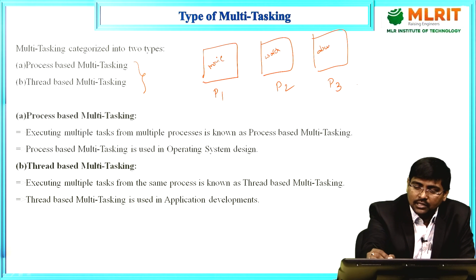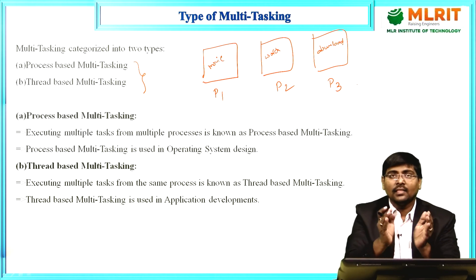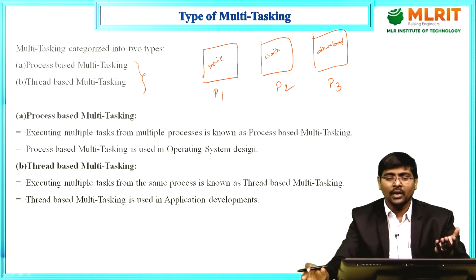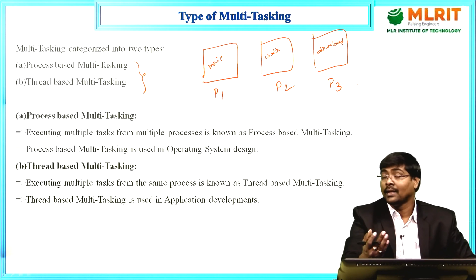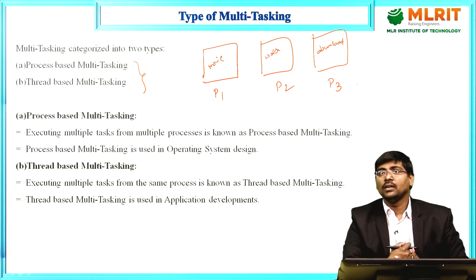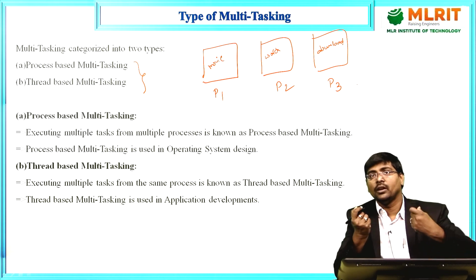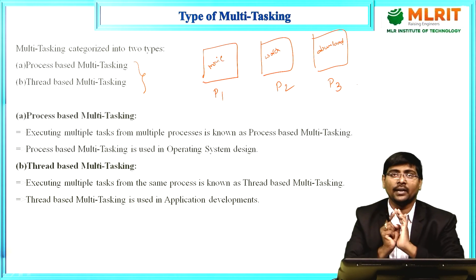Process P3 is downloading some software. Observe, here the three processes are executing simultaneously. Remember, here in my system, I am explaining some class. Meanwhile, in the background, some software is downloading. Both my explanation and the software download are done at the same time. Yes or no? That is multitasking.